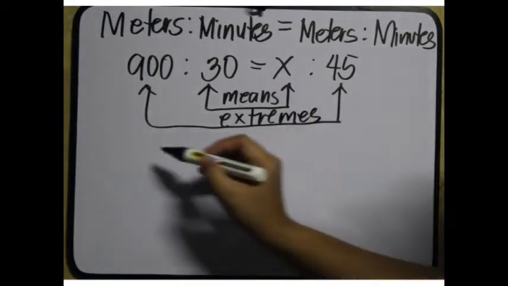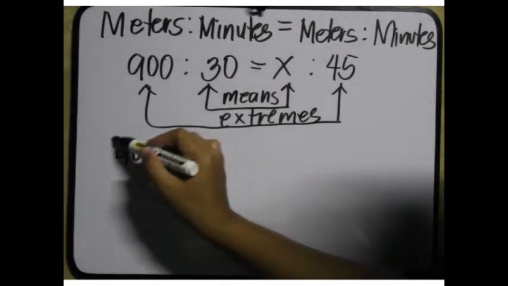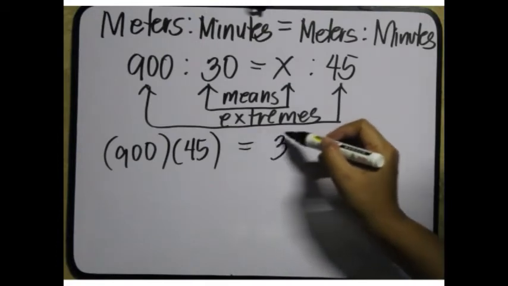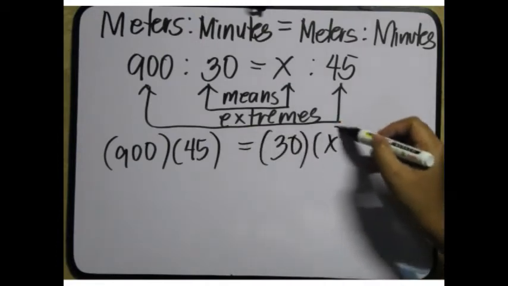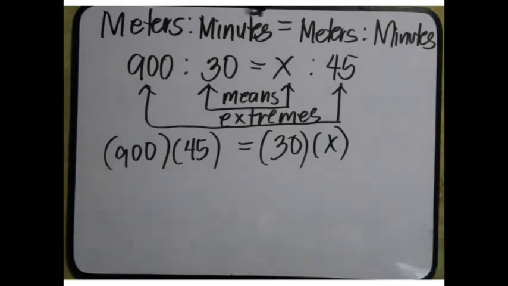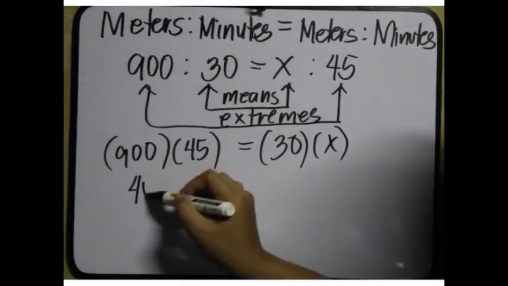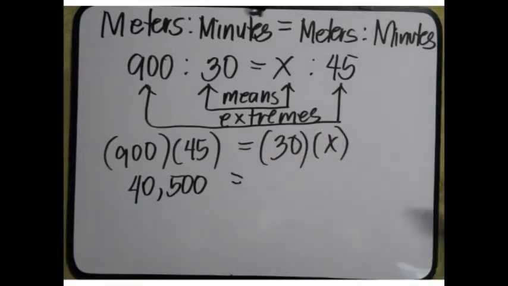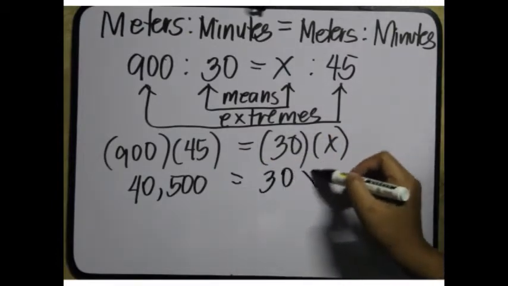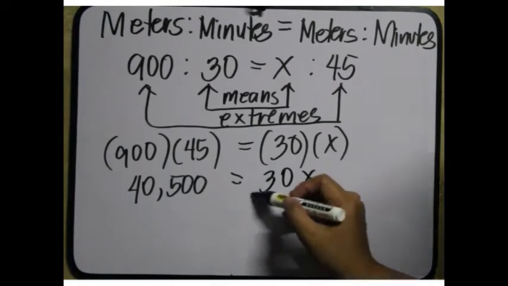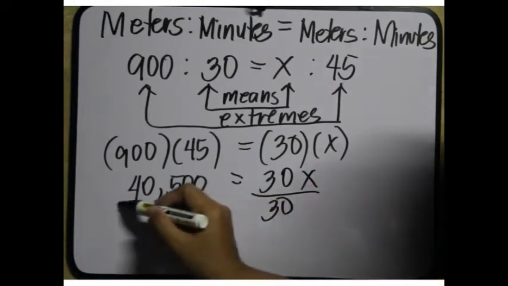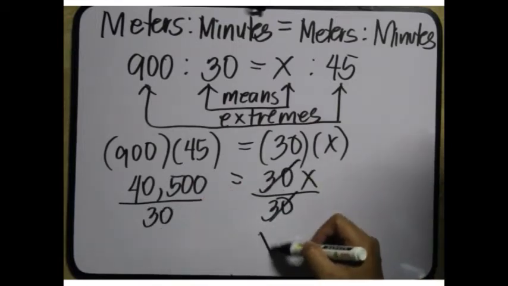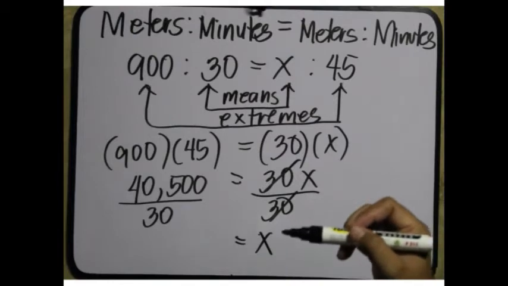So multiply 900 by 45 and then 30 multiplied by x. 900 multiplied by 45 is 40,500, equal to 30 times x, which is 30x. To get the value of x, we need to divide by 30. Cancel, cancel. x now is equal to 1,350.